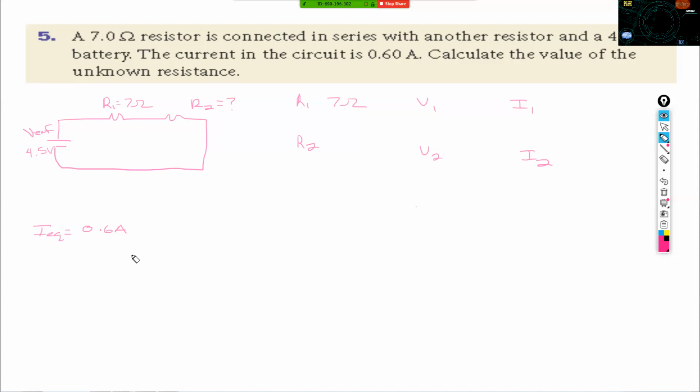Now, if you broke it apart or broke it down into one, your equivalent resistance, I don't really know because I don't know the other one, but I do know the EMF is 4.5 and I do know the equivalent current. So I can use Ohm's law.